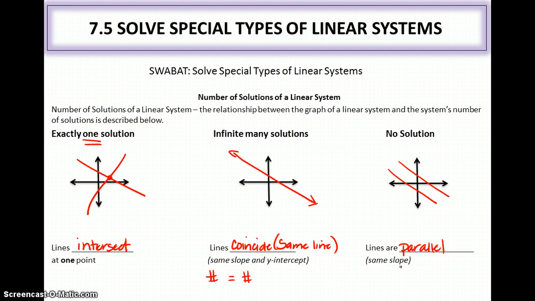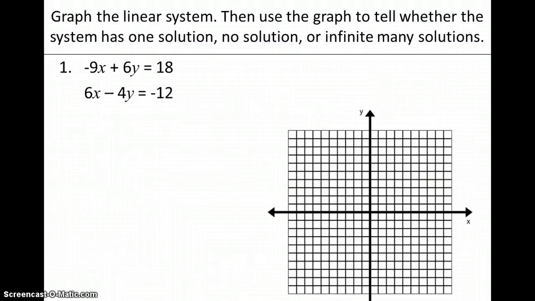Remember, parallel lines have the same slope. If you're solving algebraically, you're going to have a number equals a different number, like 0 equals 5. That's not true. It's never been true. So you would say no solution in that case. So let's check out some examples if you don't mind.